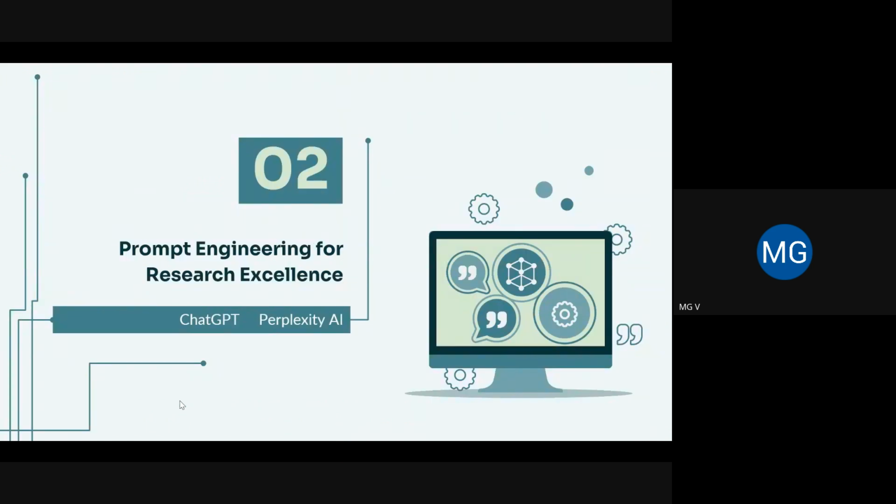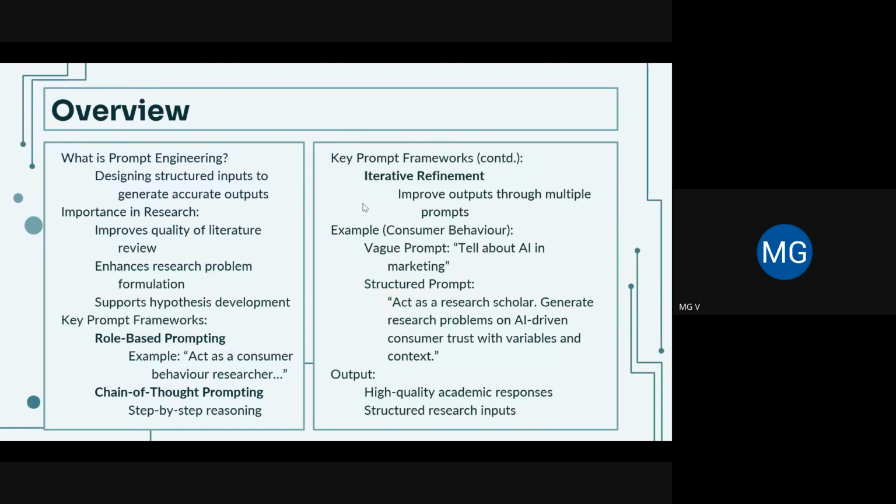Right? Now let us move on to the next concept for the day, that is prompt engineering for research excellence, making use of ChatGPT and Perplexity AI. So we need to use our tools and select our tools wisely, right? Now see, prompt engineering is basically a critical skill for leveraging AI tools effectively in research.